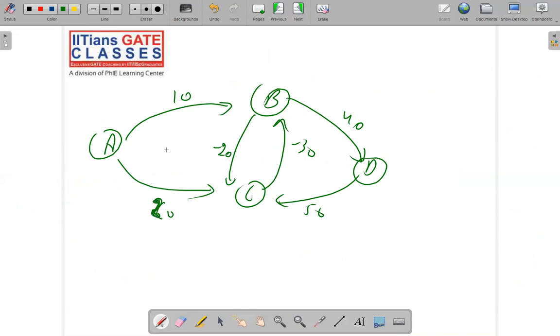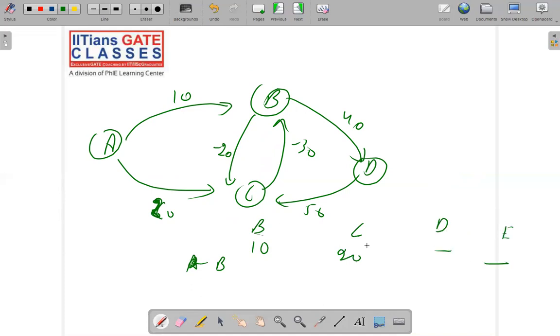In the first iteration, after settling down, the weight may look like 10 from A to B. For B it's 10, for C it's 20, for D it's something, for E it's something.